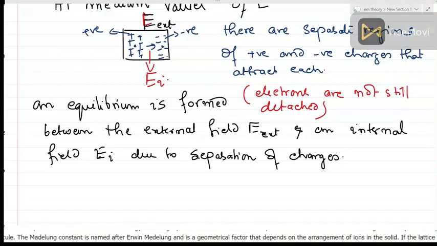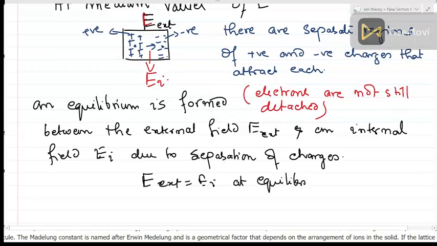This is the speciality. And at the equilibrium situation, these two electric fields balance each other. Means E external is equal to E internal at equilibrium. At equilibrium, they are balancing each other.